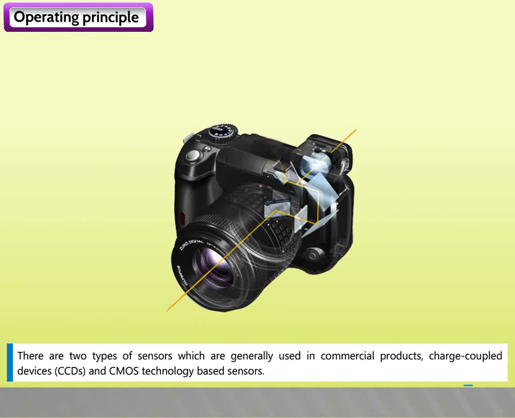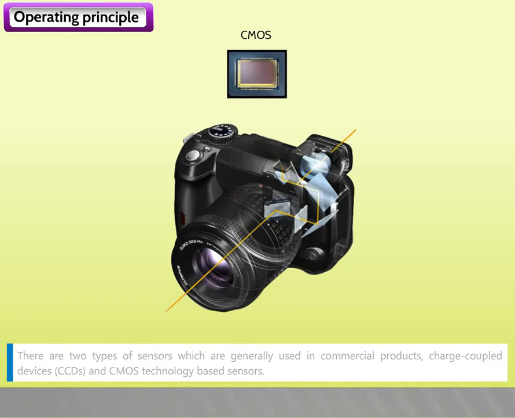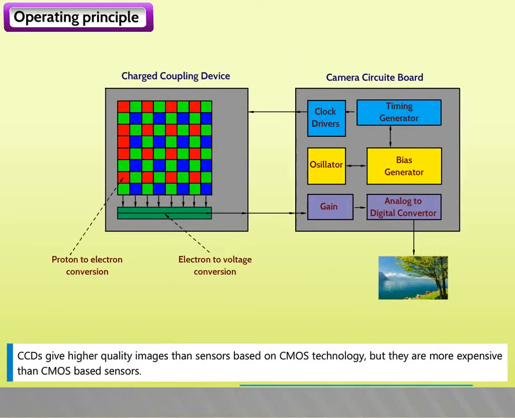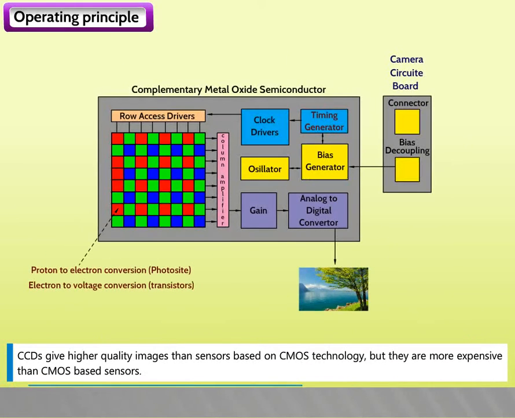There are two types of sensors which are generally used in commercial products: charge-coupled devices, that is CCDs, and CMOS technology-based sensors. CCDs give higher quality images than sensors based on CMOS technology, but they are more expensive than CMOS-based sensors.